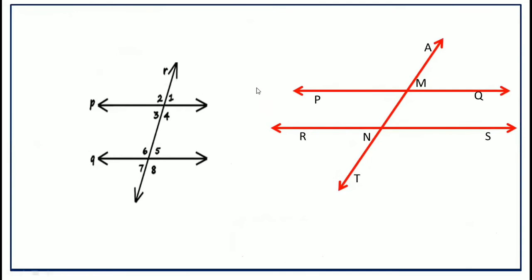Here we observe these two diagrams. In your textbook, this diagram is given. PQ and RS are the two parallel lines, and one is your transversal line, and this line intersects these two lines at points M and N. That means in the figure, the transversal has two distinct points of intersection, namely M and N. At each of these points, four angles are formed.